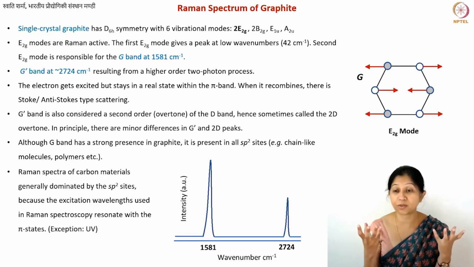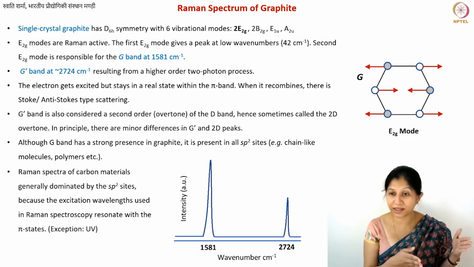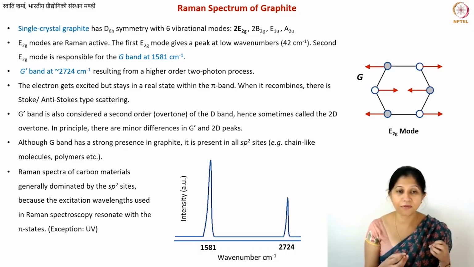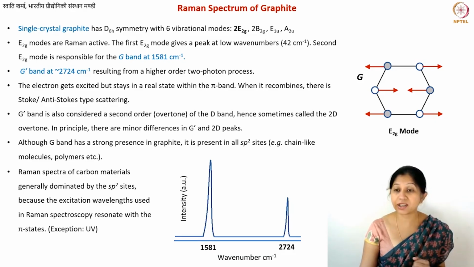In fact, Raman spectroscopy is often used for differentiating between sp2 and sp3 sites. Even when you have a significant amount of non-sp2 sites, the spectrum is often dominated by the peaks generated by the sp2 sites. So this is something very important, and very interesting.